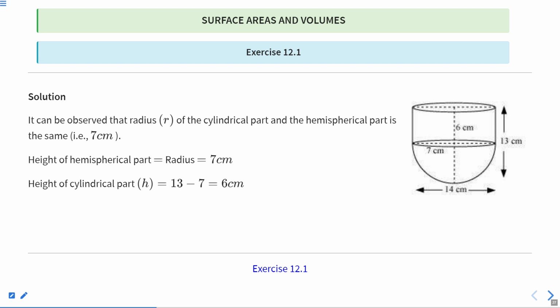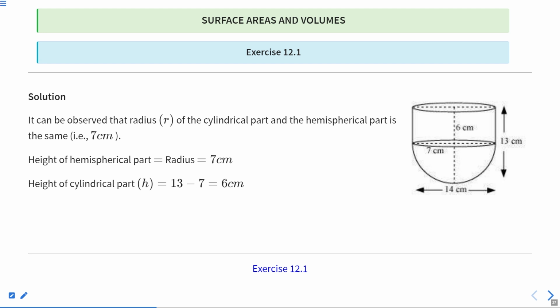Now we need to find the height of the cylindrical part. The total height of the vessel is 13 centimeter, so if we subtract 7 centimeter from 13 centimeter, we get the height of the cylindrical part. So height of the cylindrical part h is equal to 13 minus 7, that is 6 centimeter.